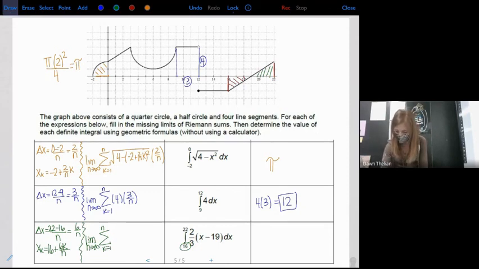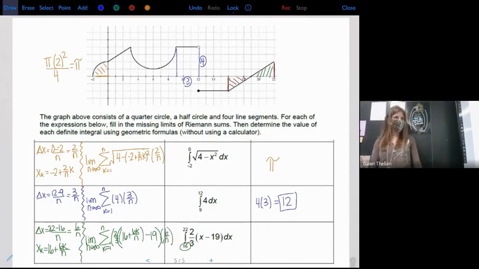Take our function, 2/3 times, but now instead of an x, we've got to plug in there the 16 plus 6k over n minus 19. Now I need another parenthesis in here to close my x minus 19, and then my dx at the end of this.